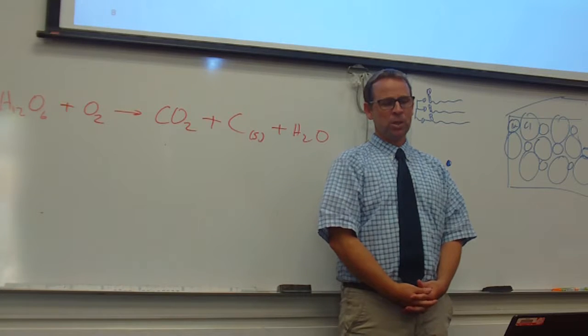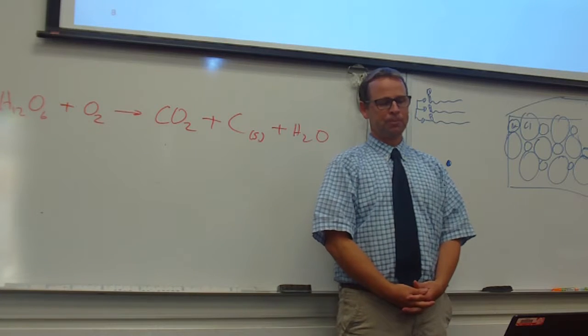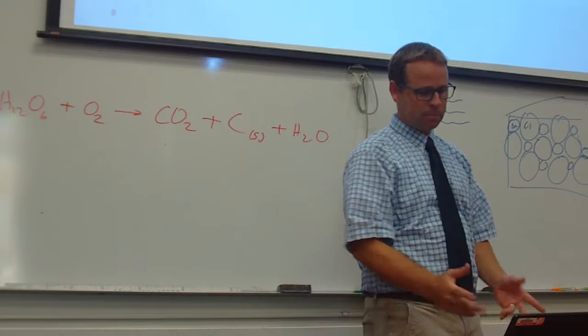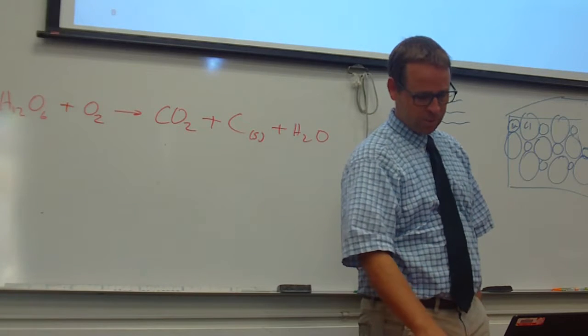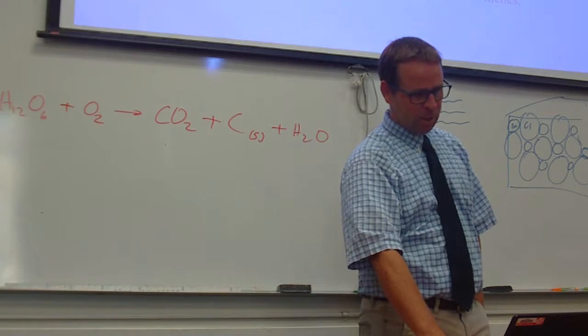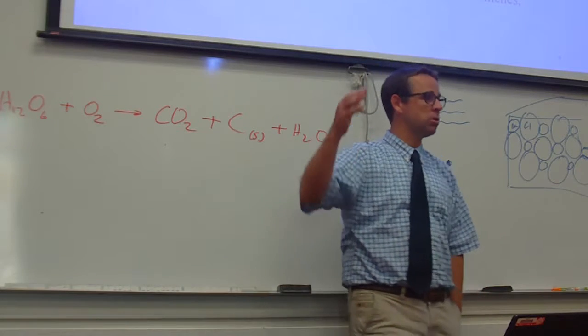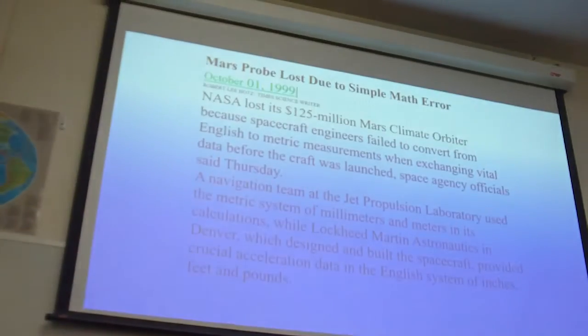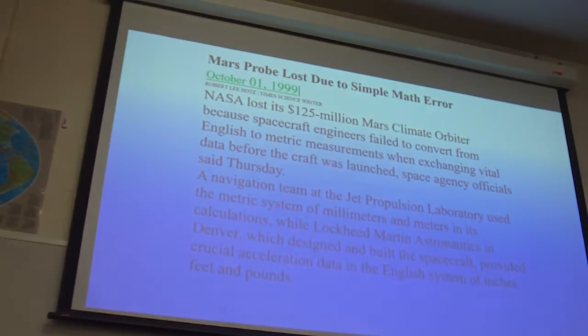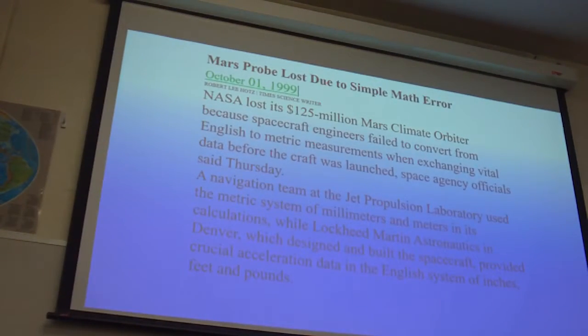Okay, so the units are important to become masters of, right? So let's talk about another example. In 1999, there was this Mars probe that was going to go around Mars and take beautiful pictures. But there were two teams of engineers, from different parts of the world, where they used different units.